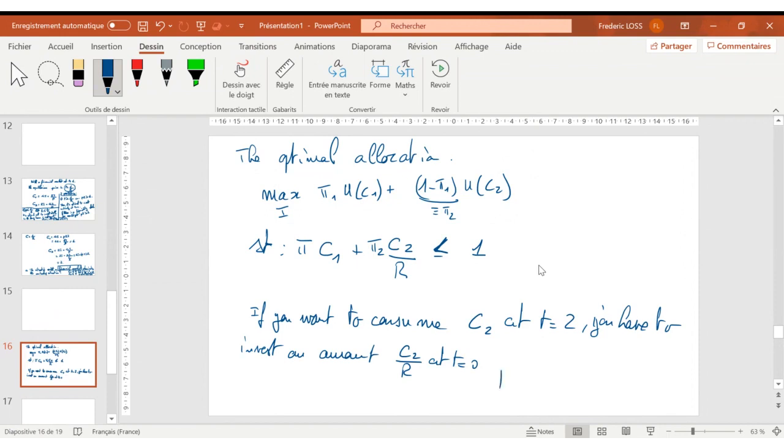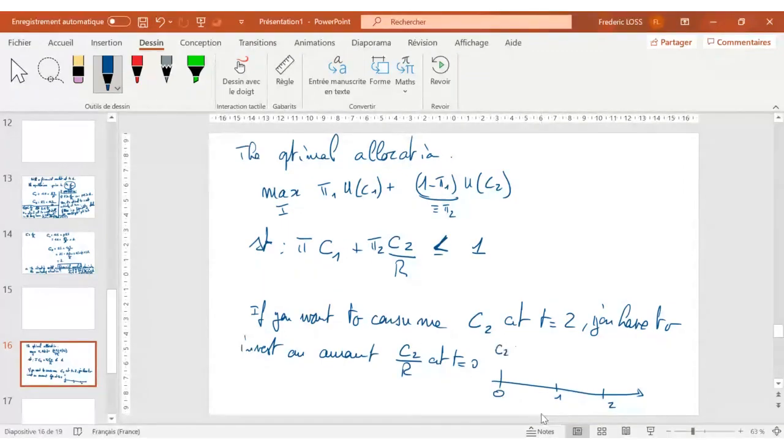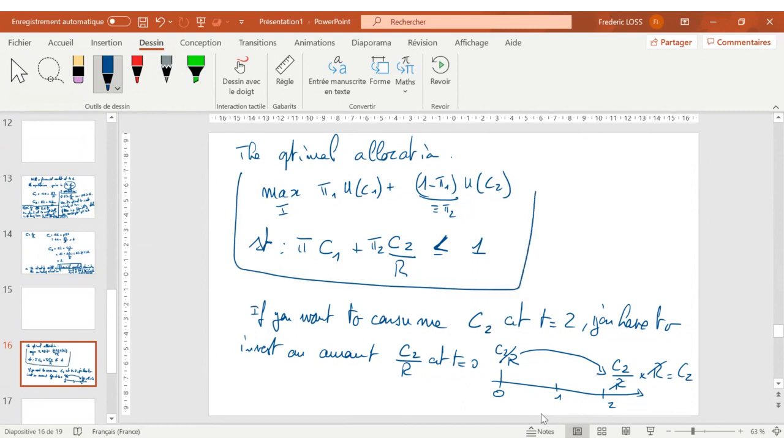Because with 0, 1, 2, if there you have C2 divided by R, there you're going to have C2 divided by R times R, which is going to give you C2. Okay, so this is the maximization program we want to solve. And because you don't want to waste consumption, then you put equality over there. The constraint is binding.